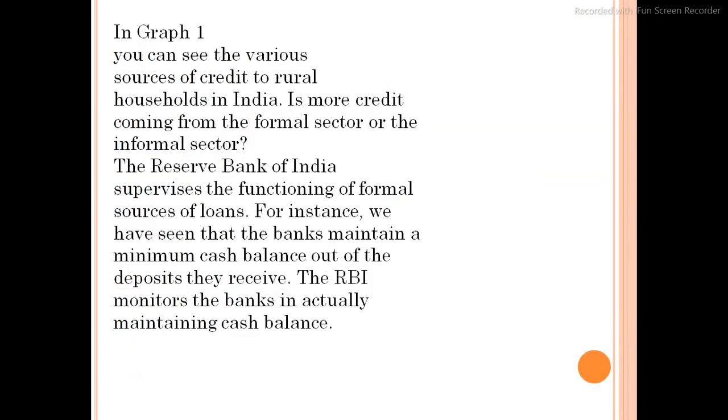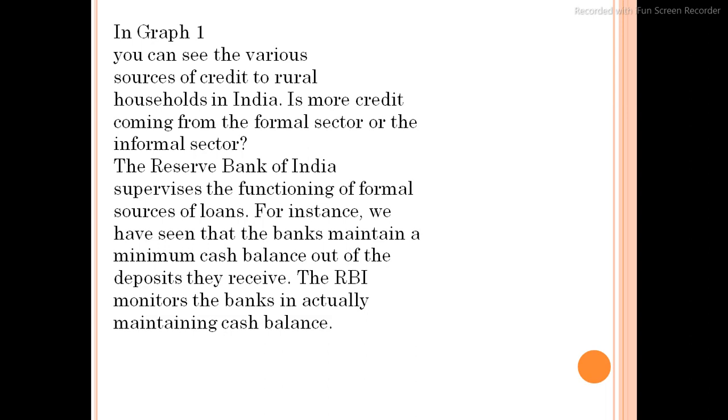Next, graph 1. You can see the various sources of credit to rural households in India. Is more credit coming from the formal sector or the informal sector? The Reserve Bank of India supervises the functioning of formal sources of loan. So for loans from formal sectors, the RBI is supervising.